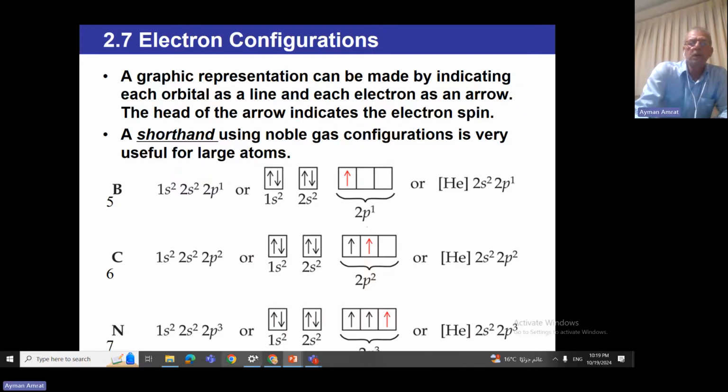Like oxygen, now oxygen after nitrogen. Now you can pair two electrons in one orbital, but since p has three orbitals of the same energy, you should have half filled them before the pairing of electrons.